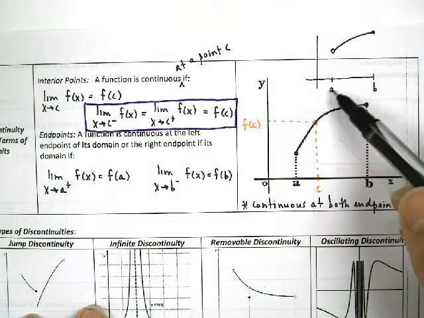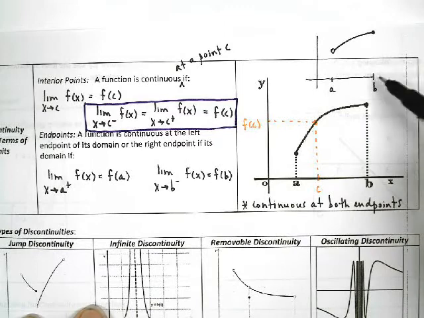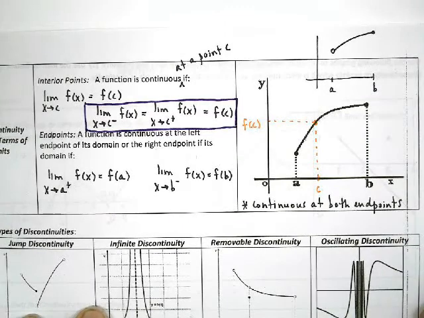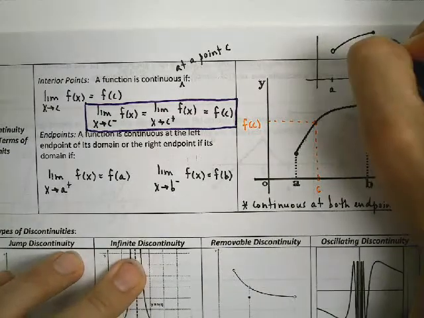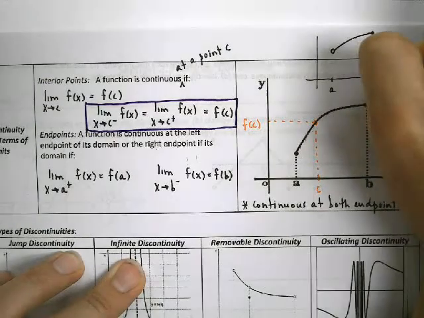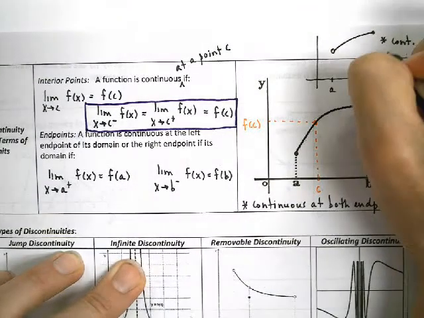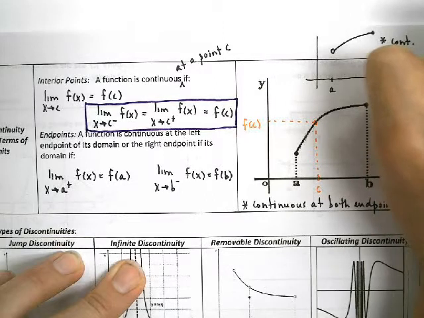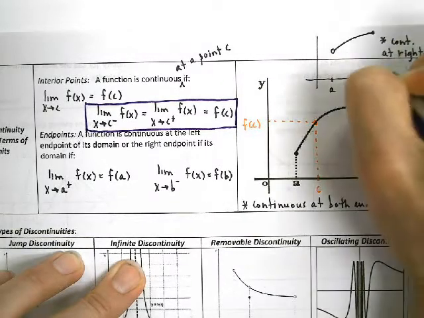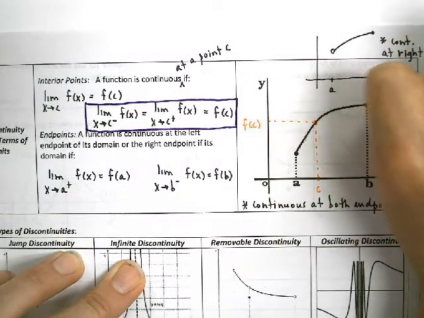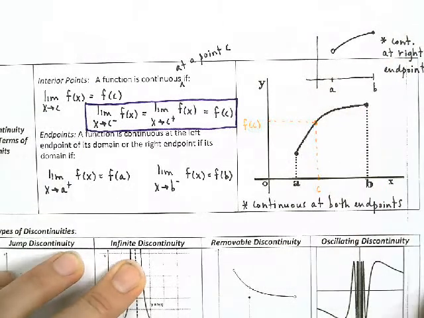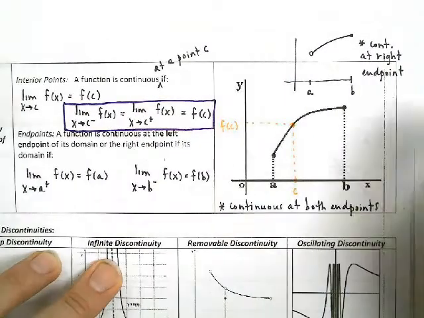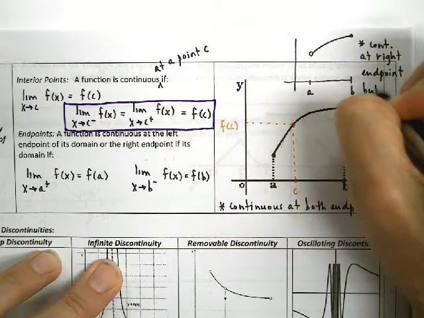So I would not be continuous at the left endpoint. However, I would be continuous at the right endpoint. So I'm going to make a note here that we're continuous at right endpoint, but not the left. Let me make sure you can actually see this.